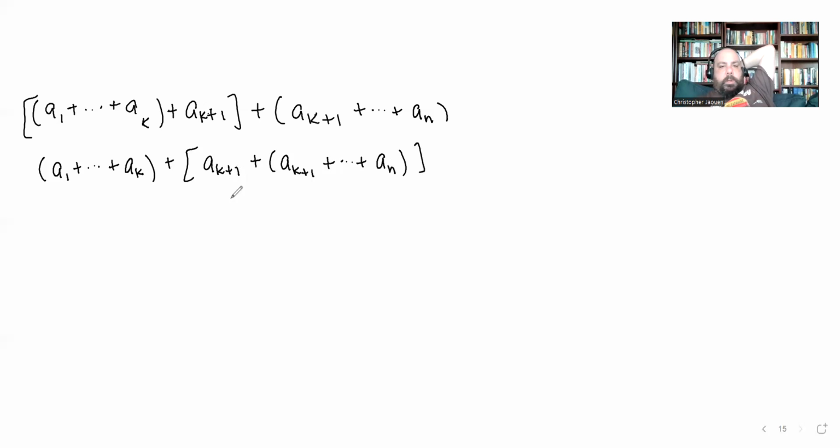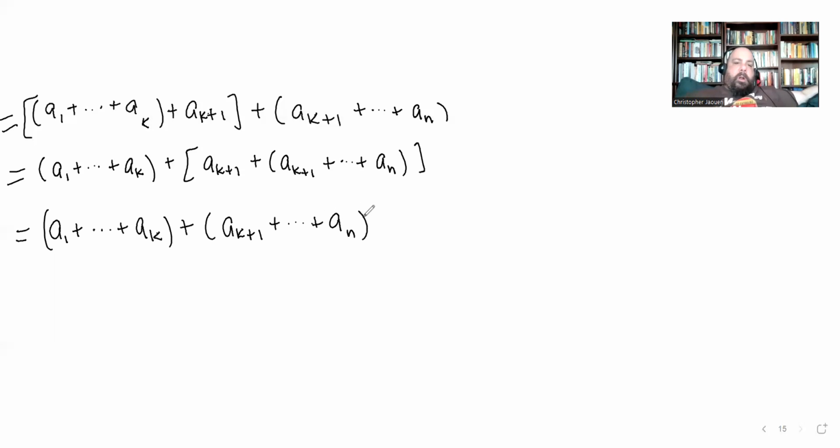All right, and this part here equals a1 plus ak. Right, and then the second part is ak plus 1 up to an. And again, that's by star, by that property.